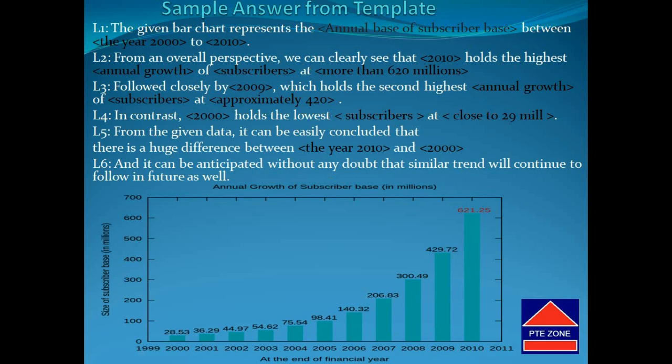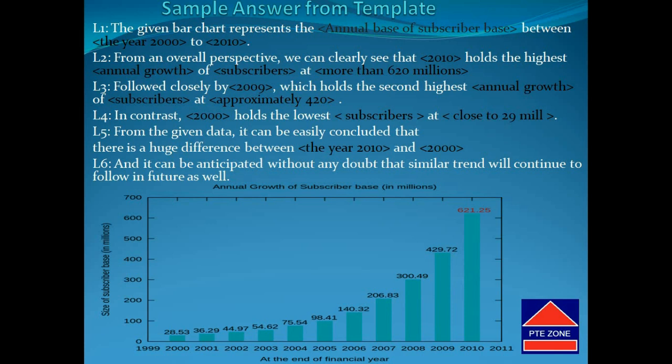So let's say, what I'll do is I'll just speak in a flow as if I am in the exam. So as soon as I hear the beep sound, I will start. The given bar chart represents the annual base of subscriber base between the year 2000 and 2010.